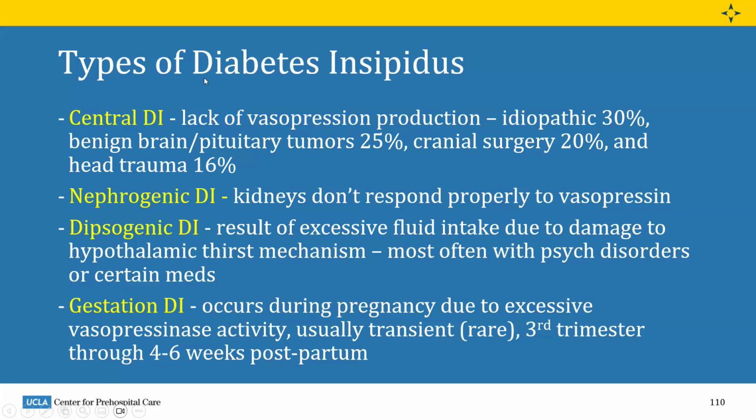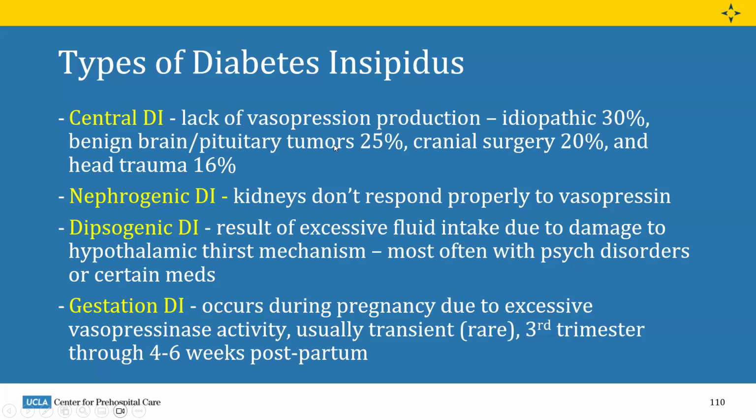There are different types that can cause diabetes insipidus. One is called central DI, where your hypothalamus is not able to cause production of vasopressin, or antidiuretic hormone, which can be caused by tumors, surgery, or trauma, or sometimes we don't know.